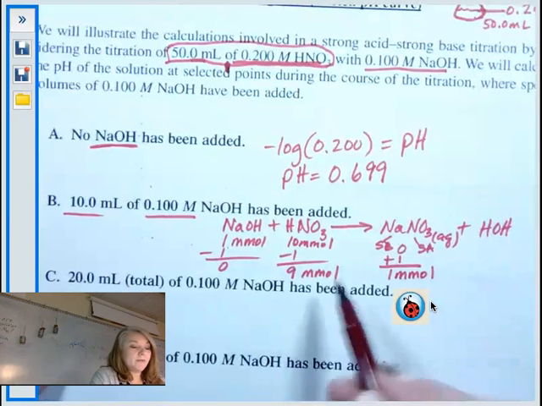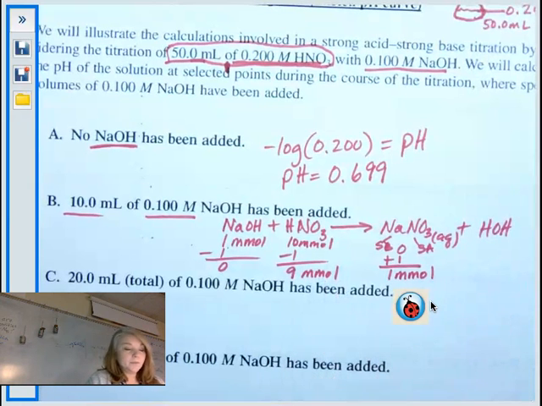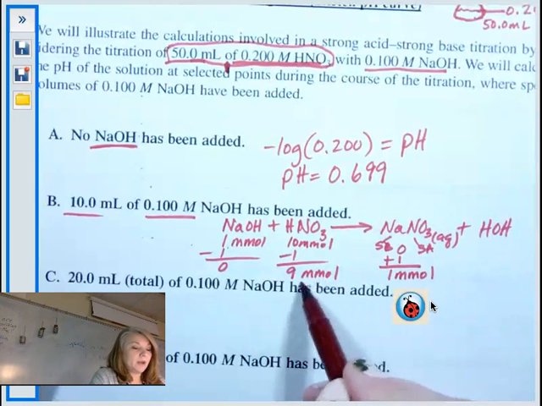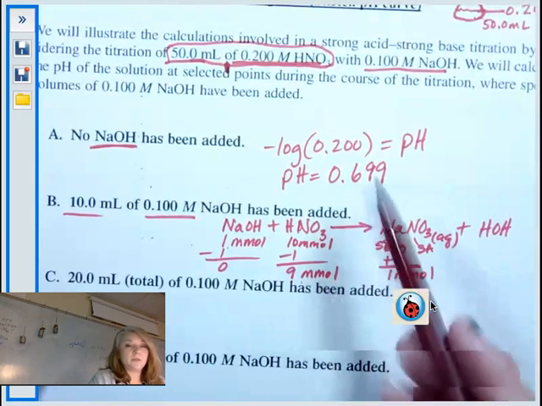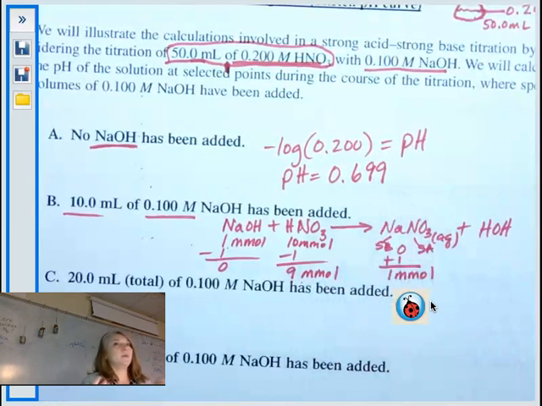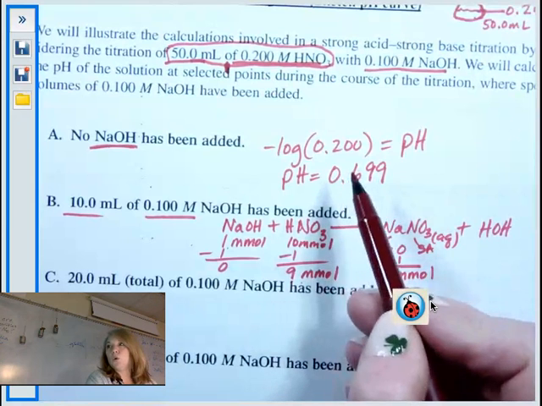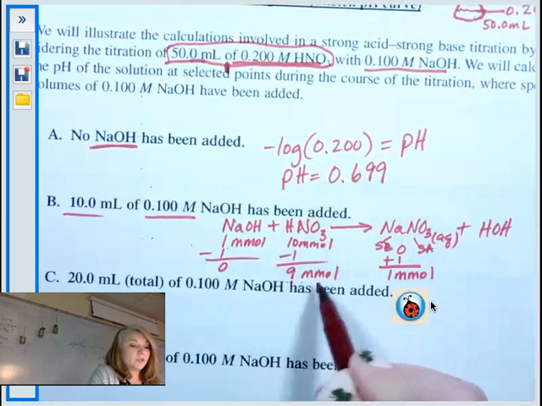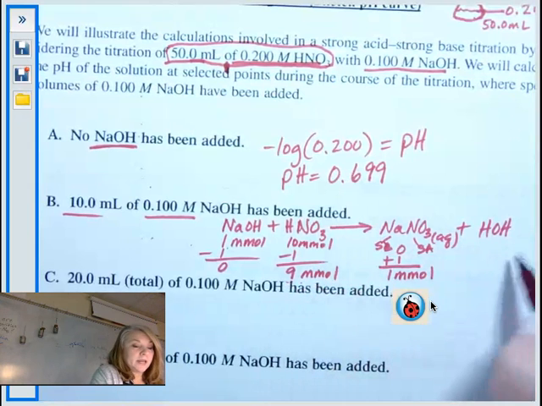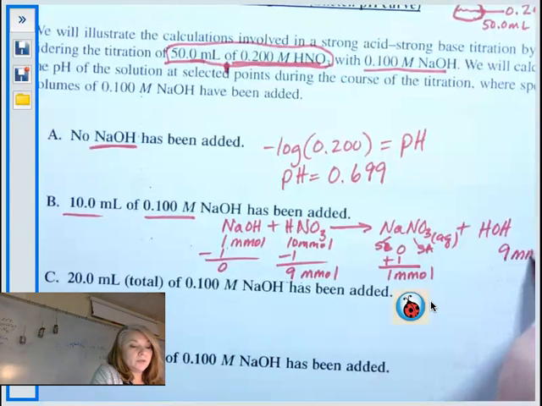All right, so we have just strong acid left. And how much do we have left? We know we have 9 millimoles. But whenever we plug a number into the pH equation, what unit is that number always in? Molarity, right? So we need to take this millimoles and change it into molarity. I'm going to take 9 millimoles and divide it by the total volume.